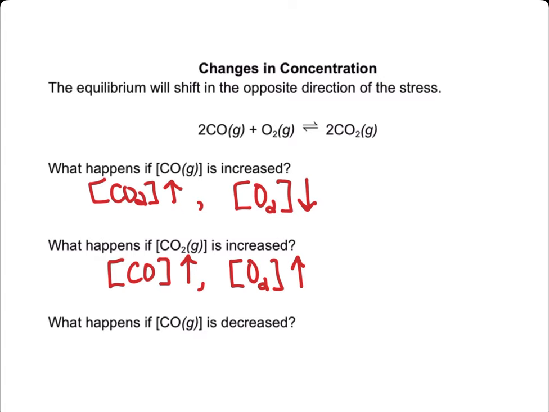Here's CO, it's on the left, but I want to decrease it, so that just means I'm adding stress on the right. And if I add stress on the right, that means I'm going to shift my equilibrium to the left. So that just means that I'm going to increase the concentration of oxygen.